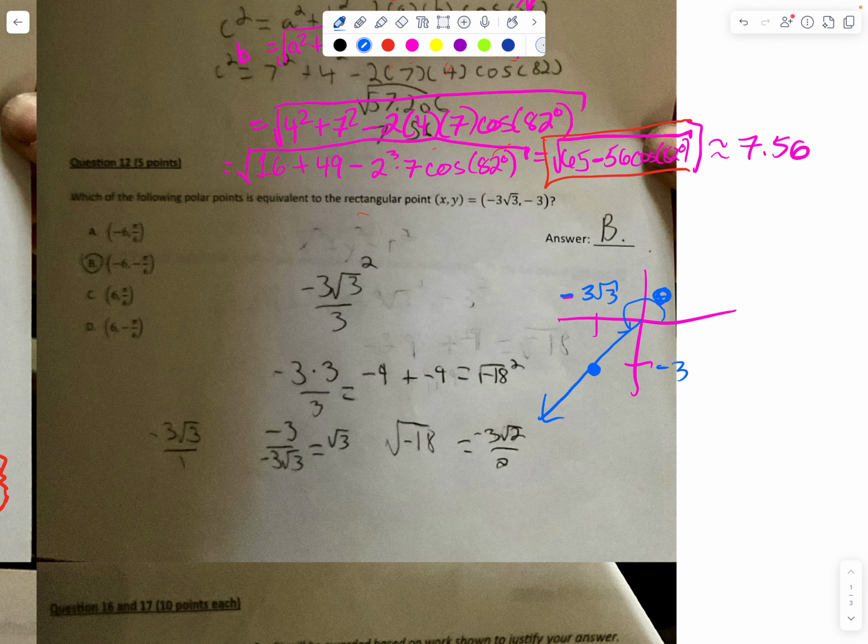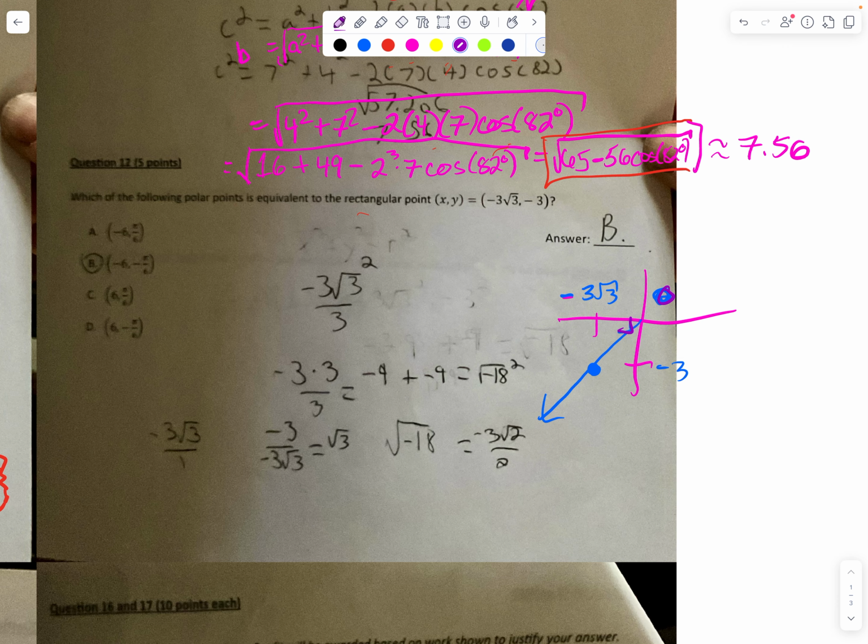Theta. R. They have negative R's. You can have that where you point in the opposite direction. Since all of their angles here are small, this is not one of the optional angles that they have, which is lame.